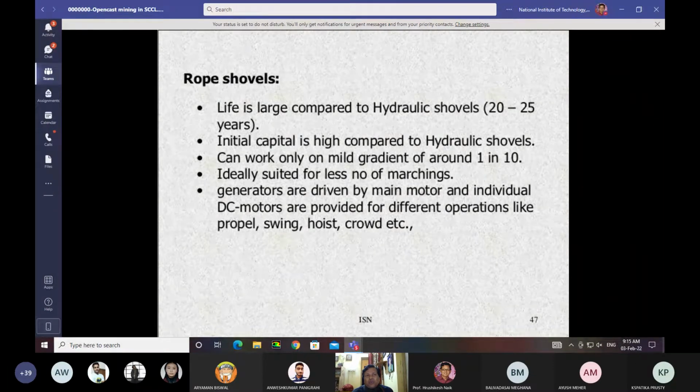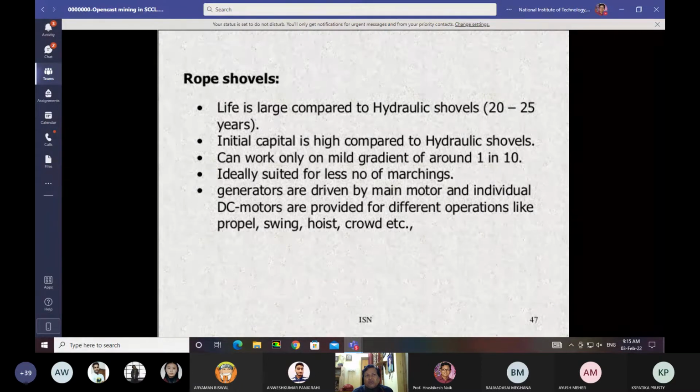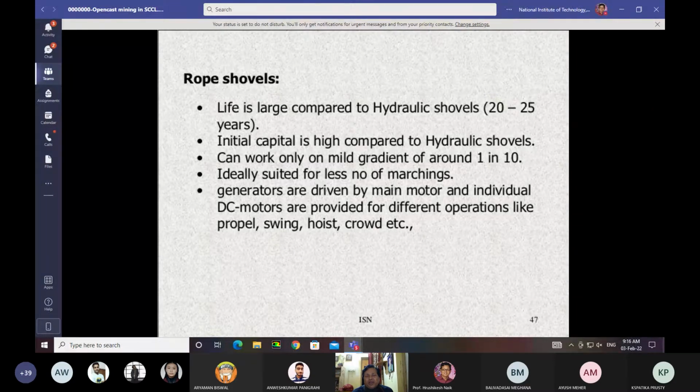The machine should work 24 hours. The machine is ready to work 24 hours, but if you do not have the electricity, or if there is a breakdown in the electricity, or if there is a power failure, then the machine will stand still. The machine will remain idle.